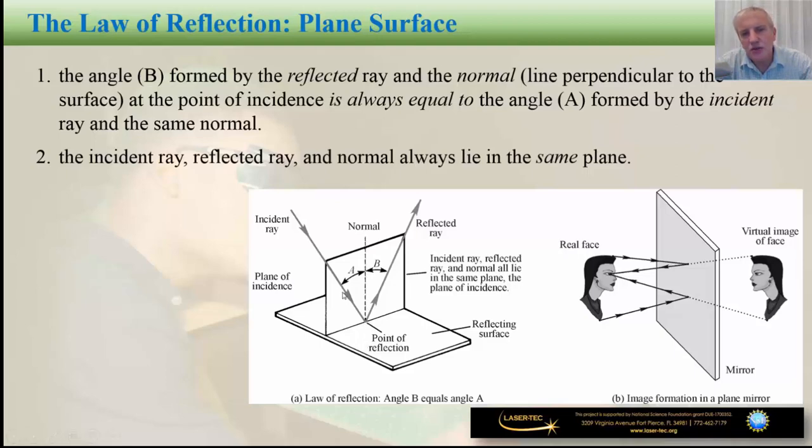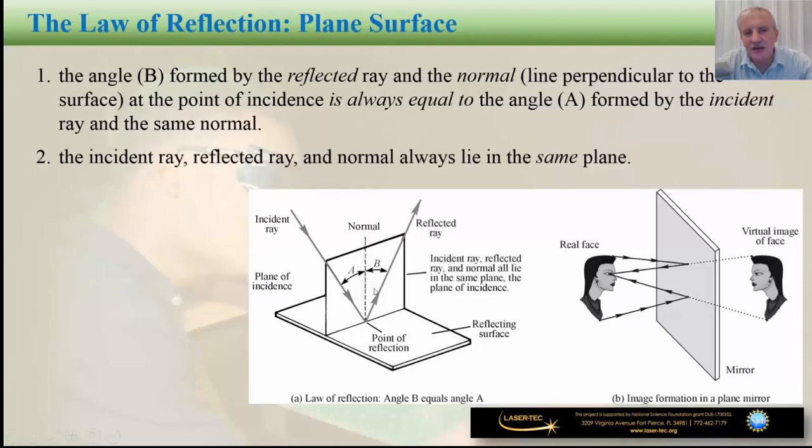And then you can see here two angles. The first angle is the angle that the incident light ray is making with the reference line. That's our angle A. And on the other side, we have the angle that the reflected light ray is making with the reference line. That's our angle B. According to the law of reflection, the incident angle A and the reflected angle B are equal to each other.